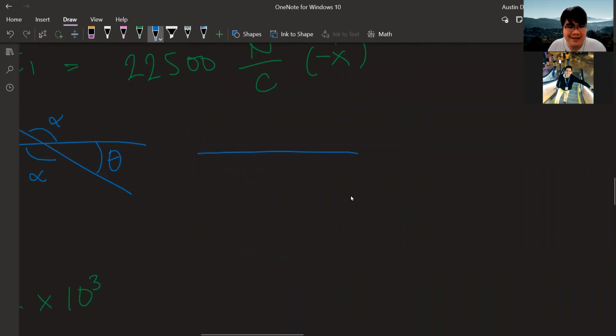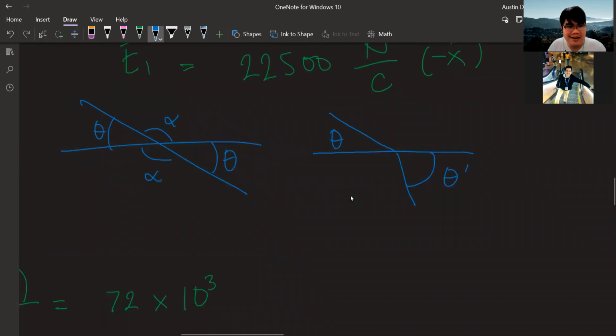Pero by obviousness, kung hindi sila pantay, diba? Theta, tas mas malaki na theta prime. Kung ganyan, hindi na siya straight line, di ba? So, kung magkaiba sila ng angle. Since straight lines sila, two straight intersecting lines, by obviousness.